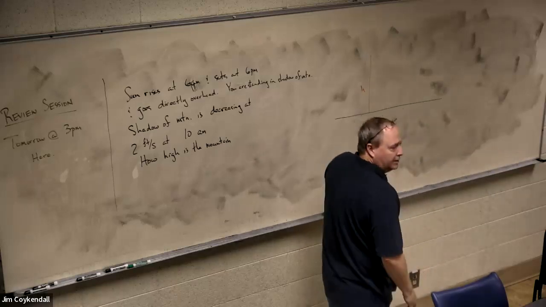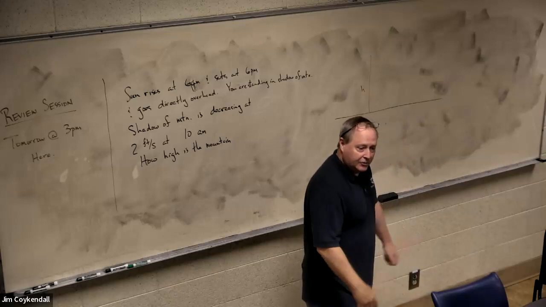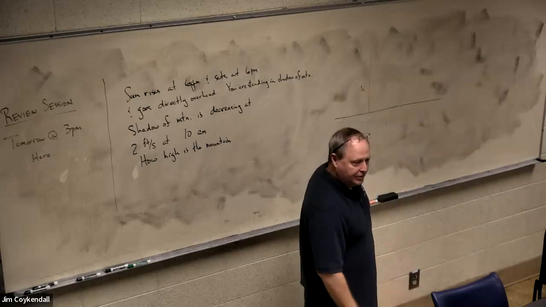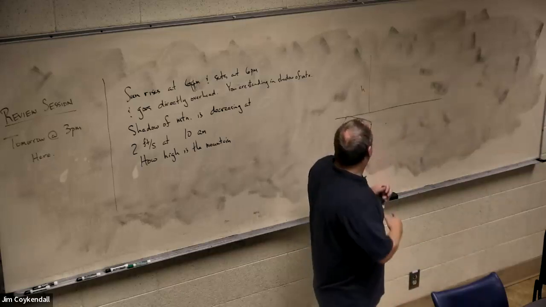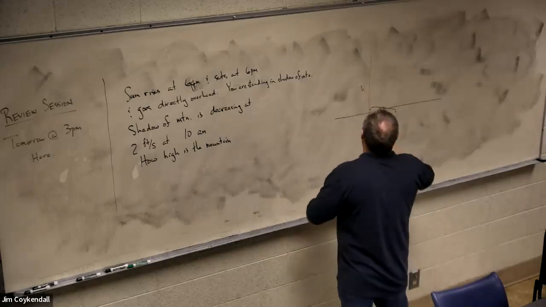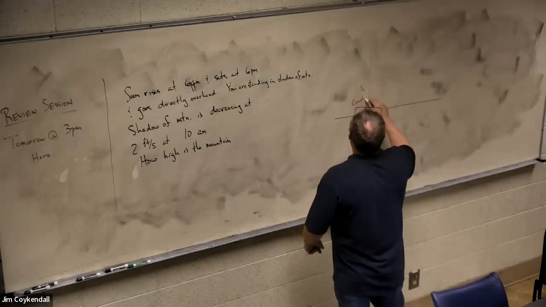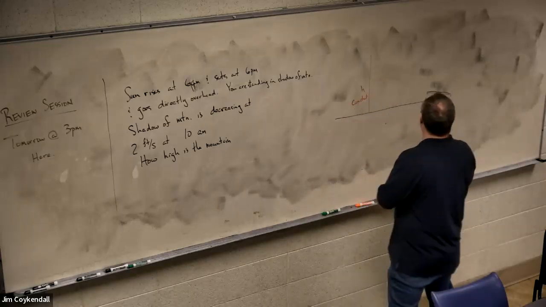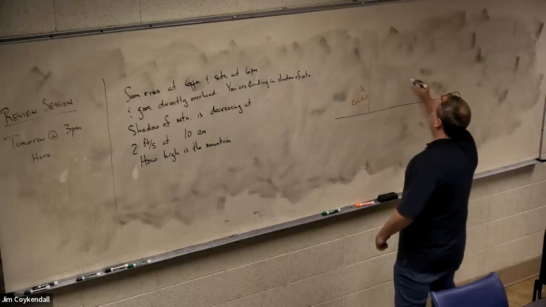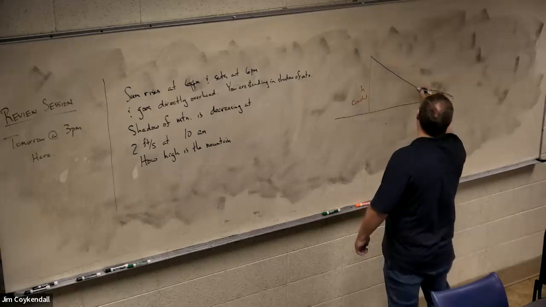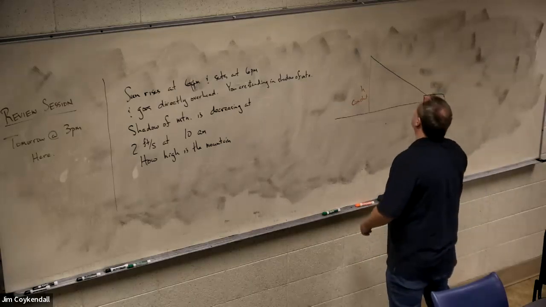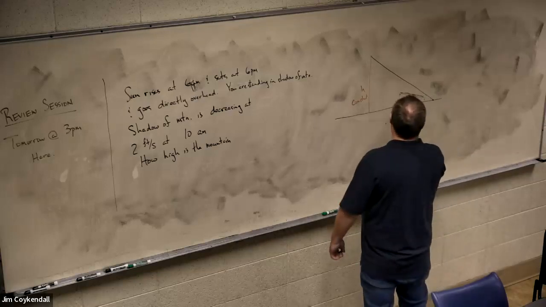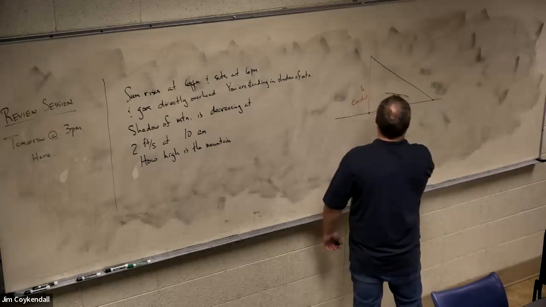I don't know how tall it is, but the height of the mountain certainly doesn't change as the problem progresses, so this is constant. And here I am, over here somewhere, in the shadow of this mountain. I'm going to call this S for shadow.